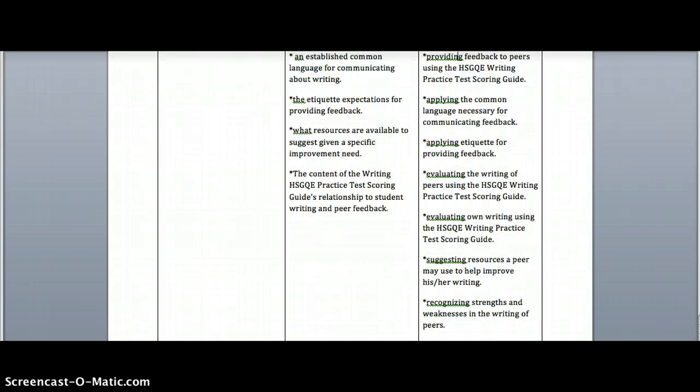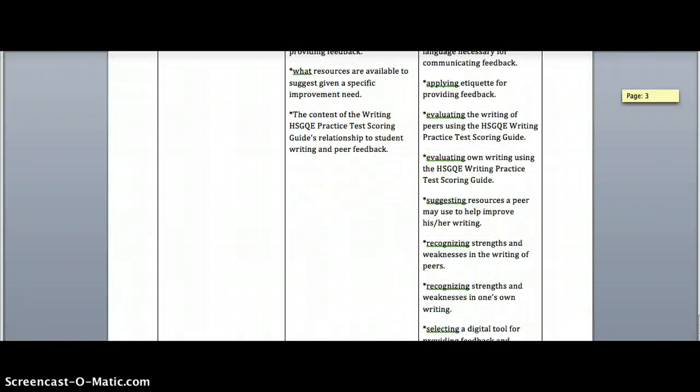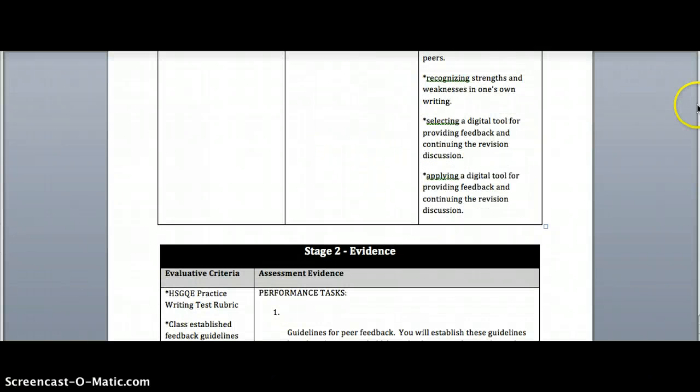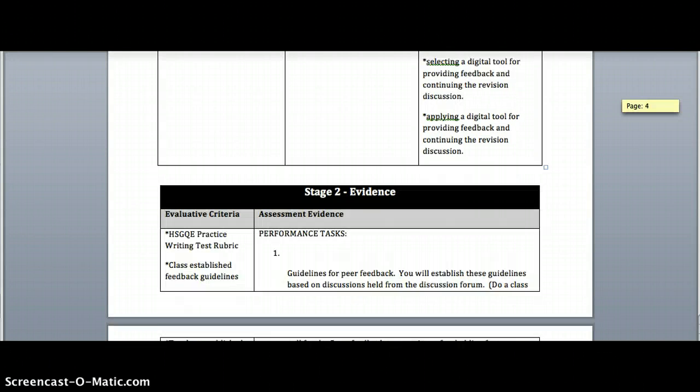They'll also be able to apply common language and etiquette. They'll be able to use the HSGQE writing practice test scoring guide to evaluate peer writing and their own writing. And then scrolling down to the bottom here, they'll be able to apply digital tools for providing feedback and continuing a revision discussion.